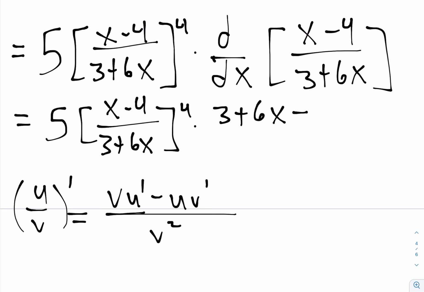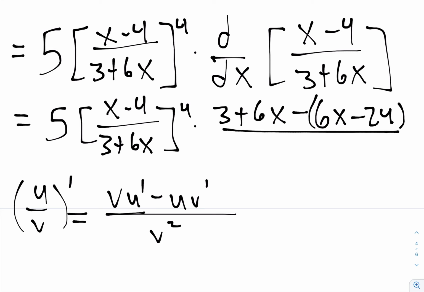Well, u times v prime is just going to be x minus 4, which is our u, times our v prime, which is the derivative of 3 plus 6x, which is 6. So it's going to be minus 6x minus 24. And that's all being divided by v squared. I'm just going to leave this as 3 plus 6x squared, so it's in factored form there.